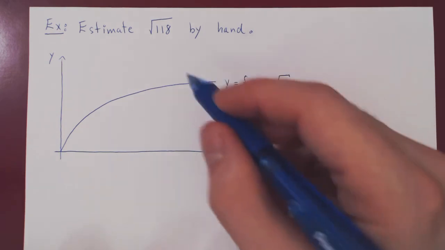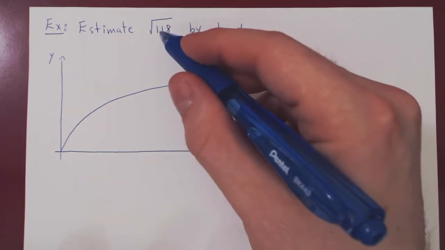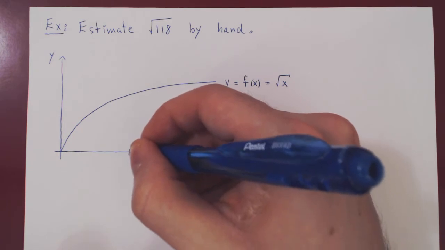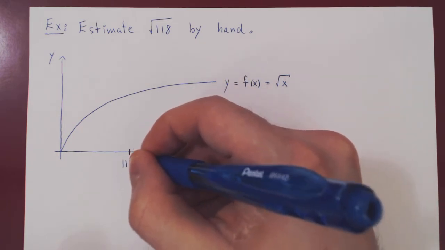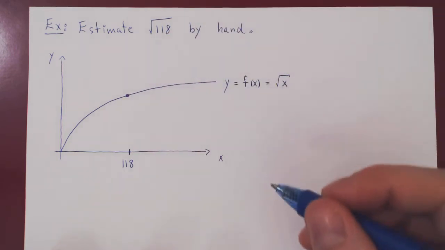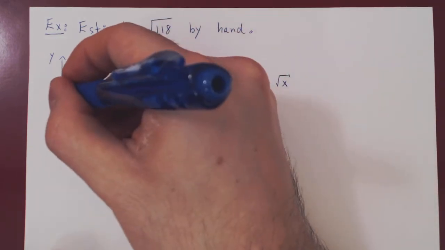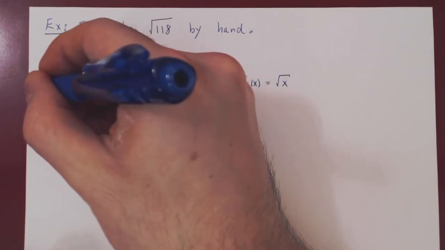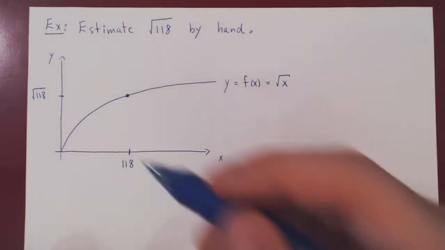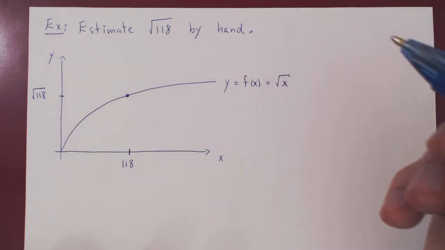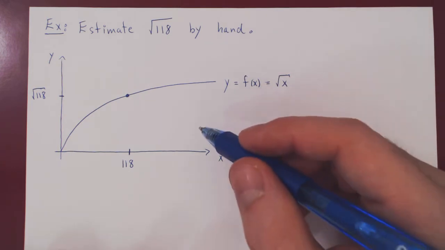Okay, well, we're taking the square root of 118. So we want this y value right here. Now this is not an obvious task by hand. Well, the idea is, let's now use the equation of the tangent line.